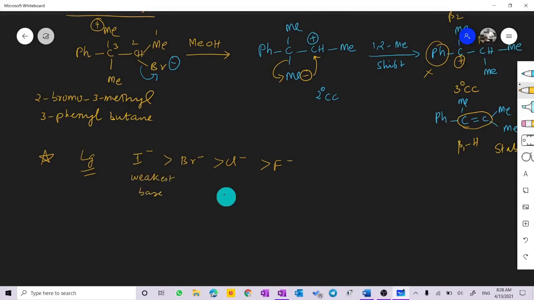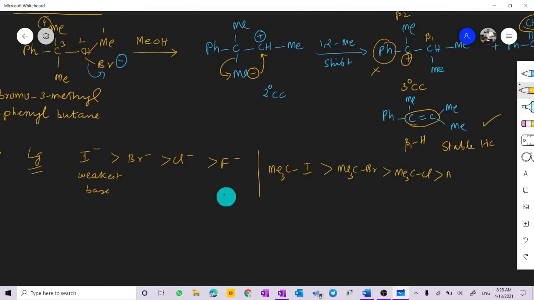Therefore if you compare a compound like this, if you take Me3CI, this will have a better leaving ability and form a more stable carbocation when compared to Me3CBr, when compared to Me3CCl, when compared to Me3CF. So the order of reactivity of the E1 will be based on the leaving group effect.